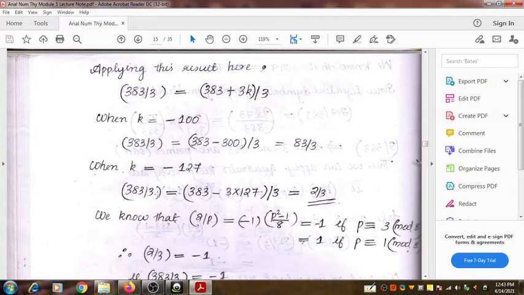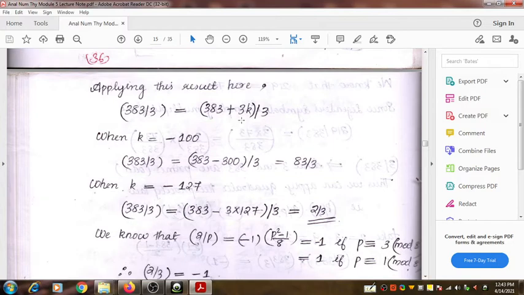Here we are applying the periodicity: when we add 3 times some integer k to the number 383, we reduce the value to a lower number, step by step.